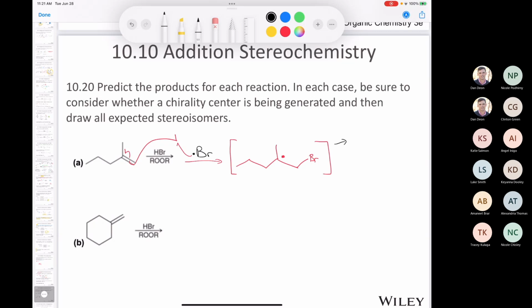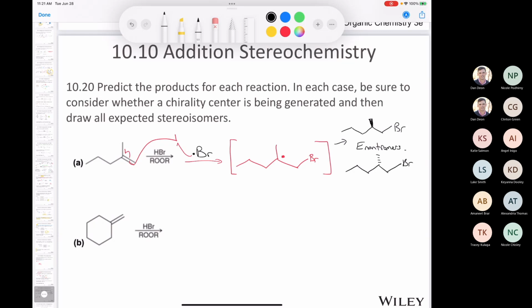So I can add it like this. I'm kind of running out of space here, but I say that every day. Anyhow, I could end up with the hydrogen in the back, and I can end up with the hydrogen in the front. Either one. I didn't draw the hydrogen in, obviously, because this is a bond line structure, but we end up with a pair of enantiomers. So I'll just scribble that in here, enantiomers.